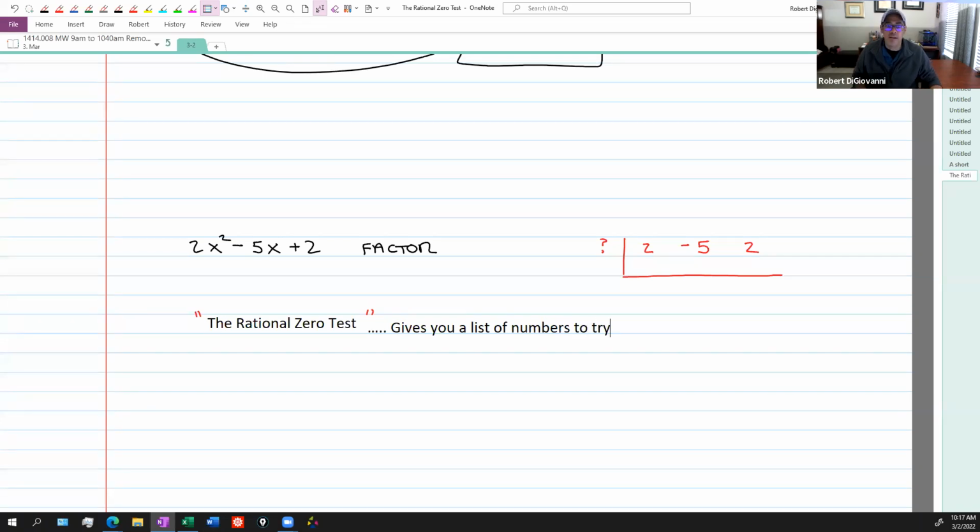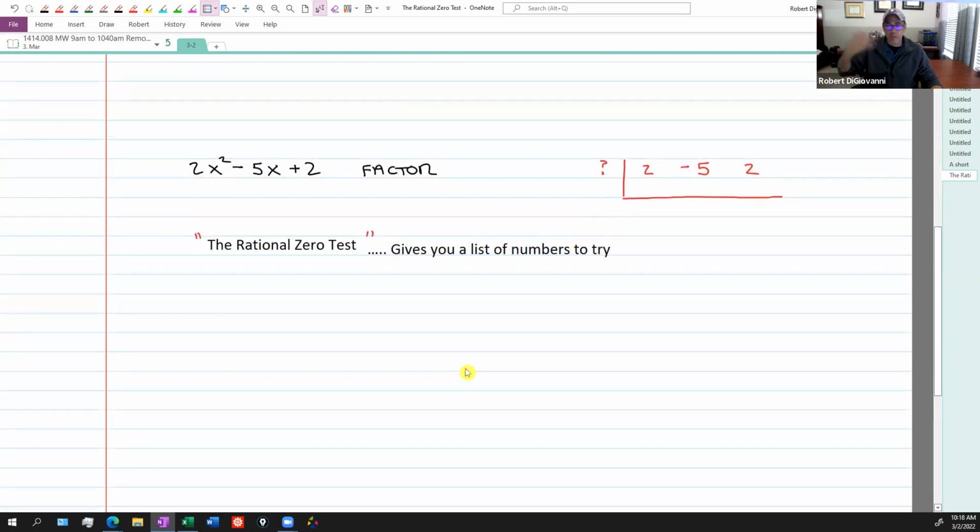That's what the rational zero test does. It gives you a list of numbers to try in the synthetic division. Unfortunately, it doesn't tell you, oh, here's the number you should use. It gives you a list of numbers and then you're going to try them. So the question is, how do we come up with this list?